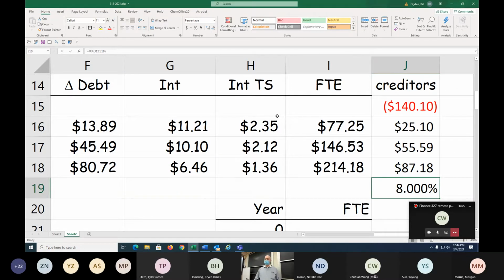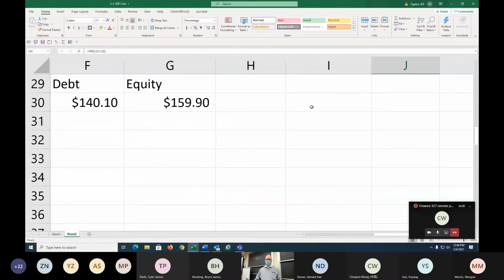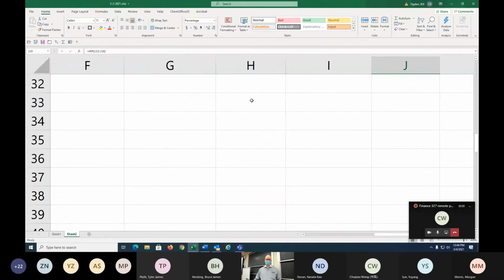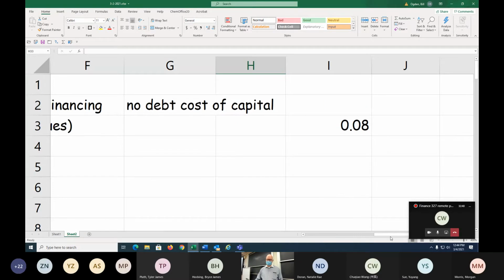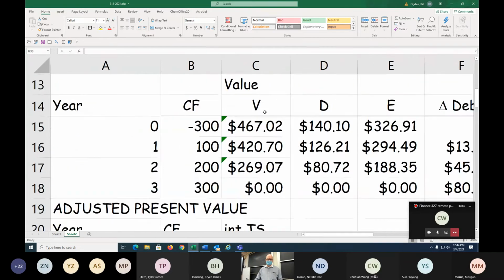All right. So now we have a balance sheet, and a market value balance sheet was, let's see, we have assets. What's the market value of these assets? Value, right? Isn't that market value? 467.02. Okay.